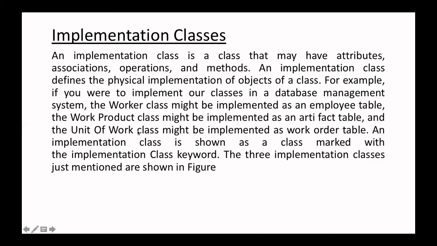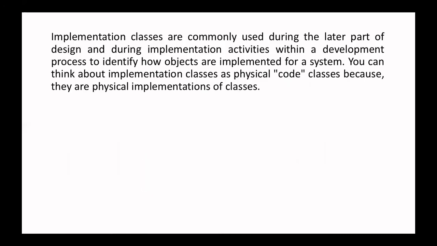These three are interrelated to each other for a development process. Now moving to the next, implementation classes are commonly used during the latter part of design and during implementation activities within a development process to identify how objects are implemented in a system.